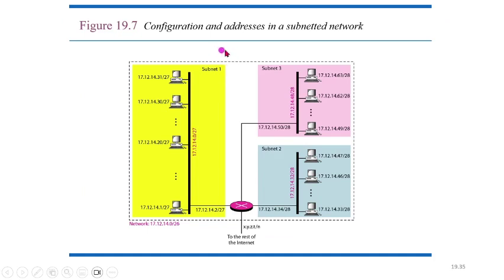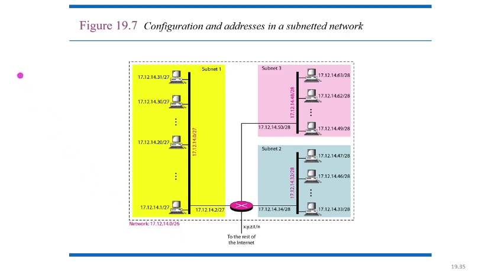Even here, configuration and addresses in a subnetted network is given. This dotted box represents a complete network, and it is given 17.12.14.0/26. That means this is the first address, the network address. /26 means the 26 leftmost ones are going to be the mask, then the remaining 6 bits.